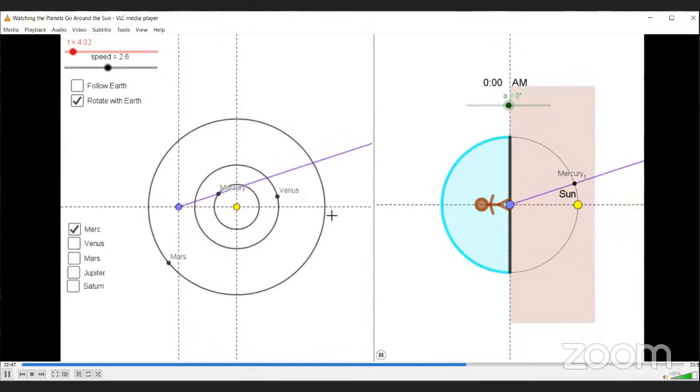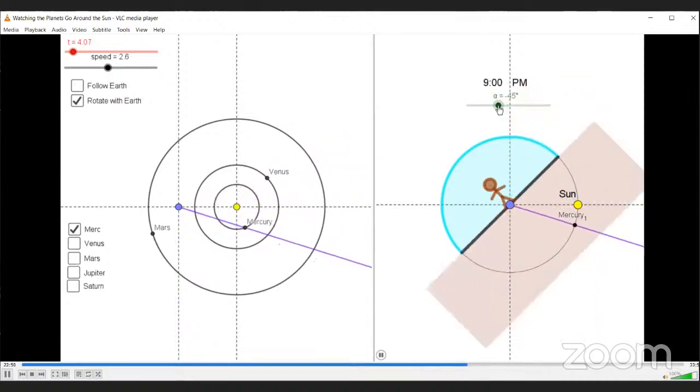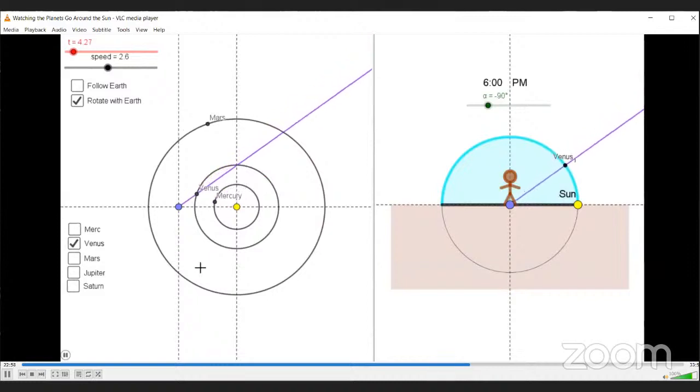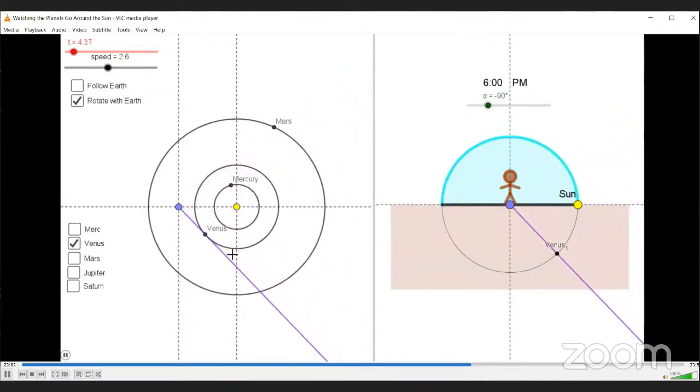Okay, let's go back to the evening sky. I use that in preference because that's mostly when I do my observing. Let's go to Venus. Notice Venus is doing something very similar to Mercury. Here it goes in the morning sky, and then it's coming up around the far side of the sun, so it's slowly emerging into the evening sky.